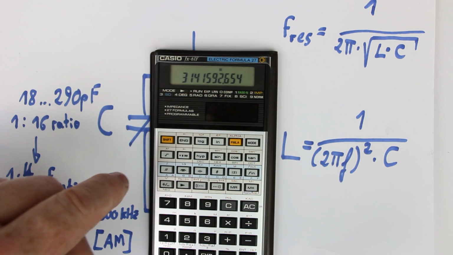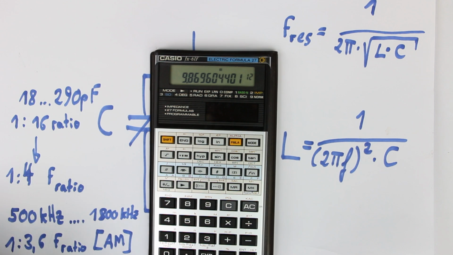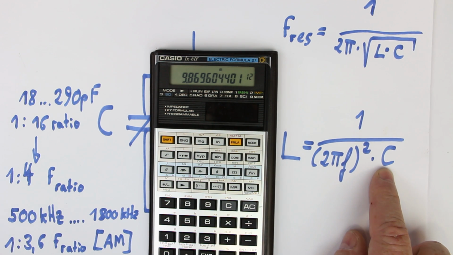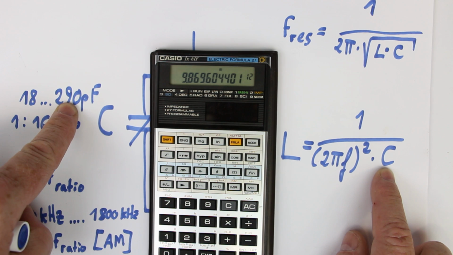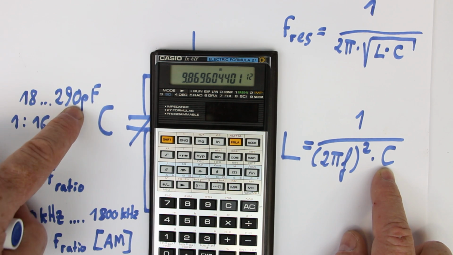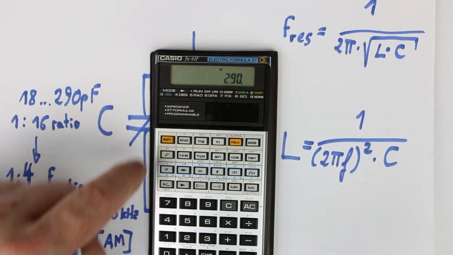This gives this value. Now we have to square it, and multiply it with our capacitance, which belongs to where we want to reach the 500 kilohertz, the high capacitance range, 290 picofarad.